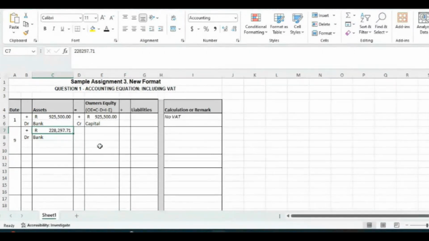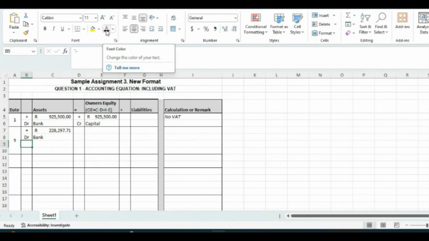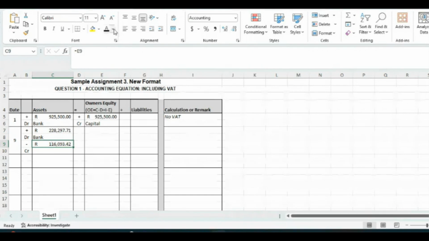That entire amount is going into our bank account. But when we make a sale, there is also another asset account that is decreasing, and that will then of course be credited. That account is of course inventory.